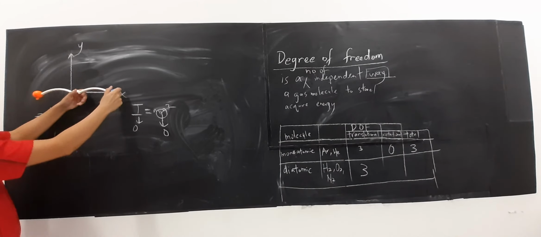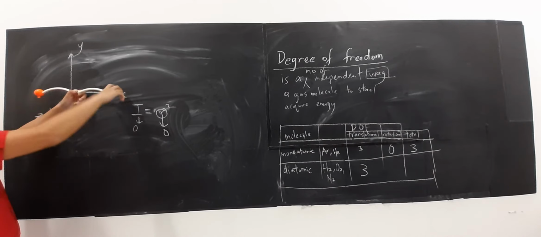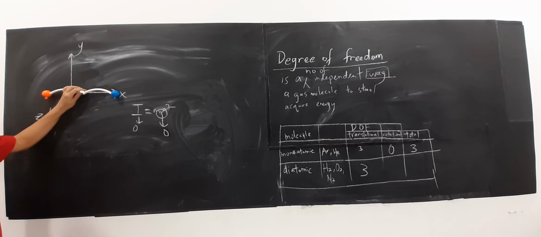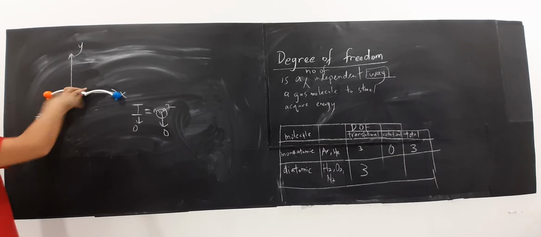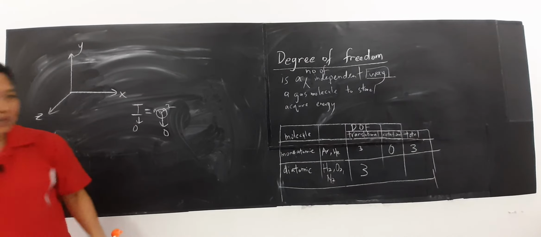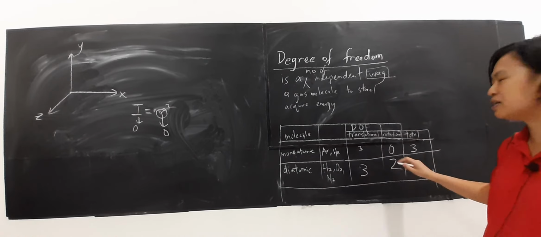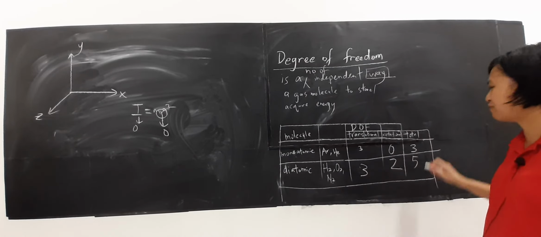Lagi satu, you dapati memang dua-dua atom ni terletak pada paksi X kan. Okay, so means for information, no rotation for x-axis. Sebab itu, dalam jadual ini, you dapati nilai ini 2 je. So what will be the degree of freedom? Saya dapati 3 tambah 2, I get 5.